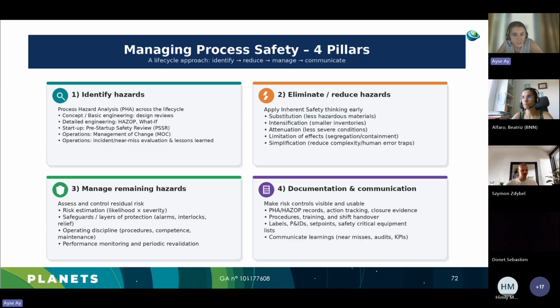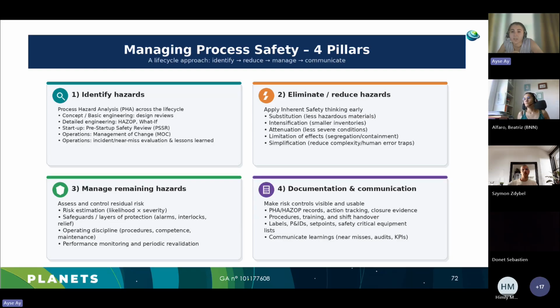Then attenuation means operating under less extreme conditions, like lower temperatures or pressures. In addition, hazards can be eliminated or limited by containment or separation. The processes can be simplified, or you can try to avoid human error there.